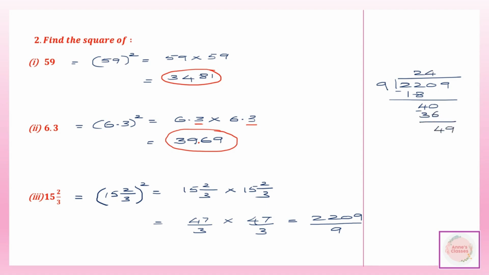Bring down 9. 9 fives are 45. 49 minus 45 is 4. So what is our mixed number there? 245 4 by 9. So this is the square of 15 2 by 3. So 15 2 by 3, when you multiply it twice, you get 245 4 by 9.